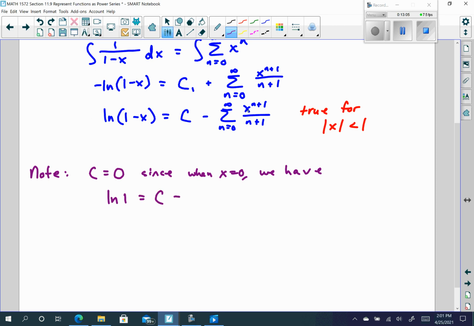So if x is 0, this whole numerator is just 0, so that becomes a 0. So c is equal to 0. Hence, the natural log of the quantity of 1 minus x is equal to the opposite of the summation as n goes from 0 to infinity of x to the n plus 1 over n plus 1. And we were able to write this as a power series.